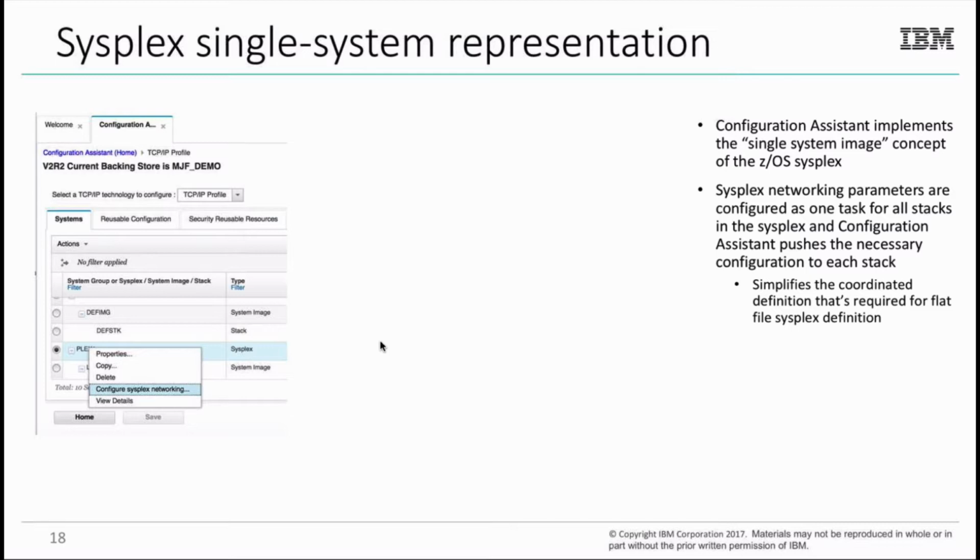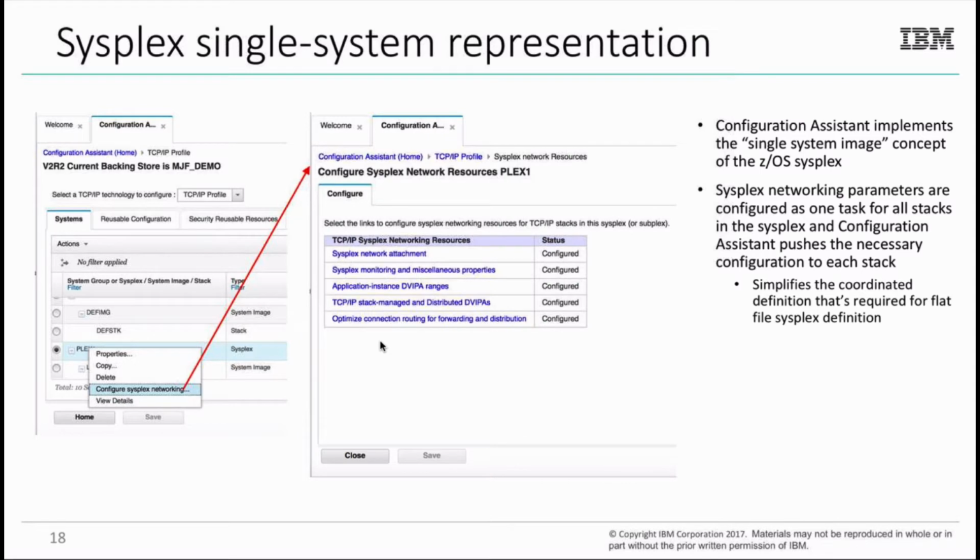Or for just about any Sysplex parameter, they're almost always global to the Sysplex, but have to be defined individually on the stacks. So in the Configuration Assistant, we've made this easier by providing what we call a single system Sysplex representation. If you look at the picture here on the left, I have my system tree again, but I've highlighted the Sysplex instead of a stack, and there's a Configure Sysplex Networking function where you configure Sysplex information for the whole Sysplex.